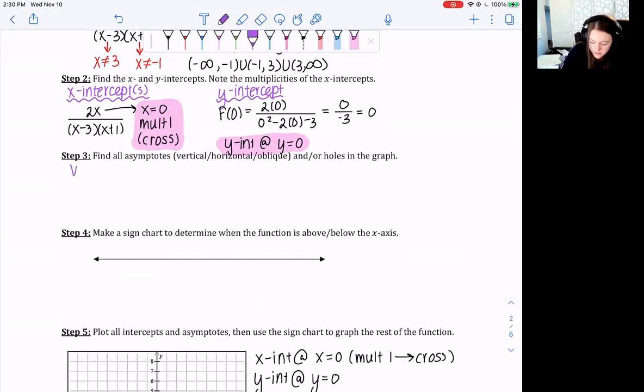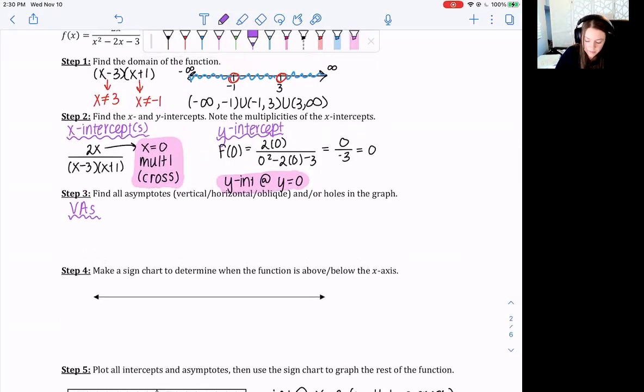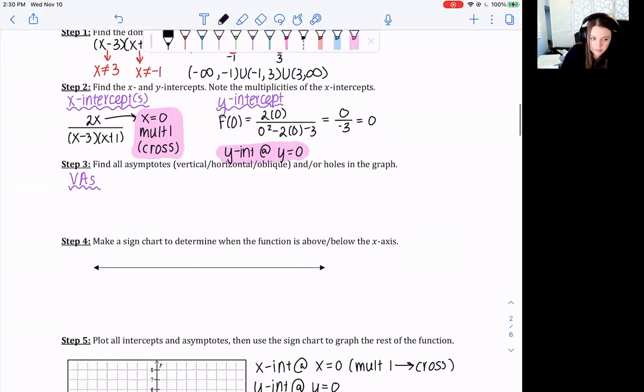For the vertical asymptotes, we are looking at the denominator after things have canceled. Now, nothing canceled in this problem, so we're just looking at the denominator. Anything that makes the denominator 0 will be a vertical asymptote.